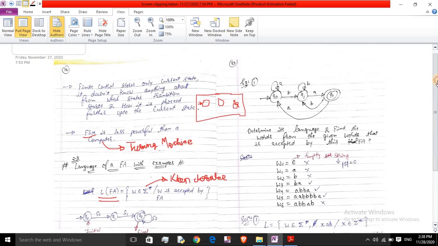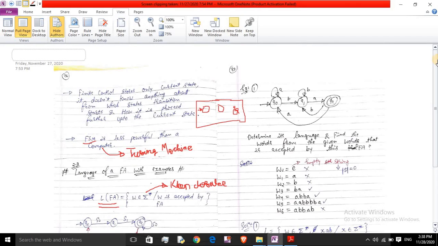Now move to the example here. We are given a finite automata in this example. We have to determine the language accepted by this automata and also find the words from it.